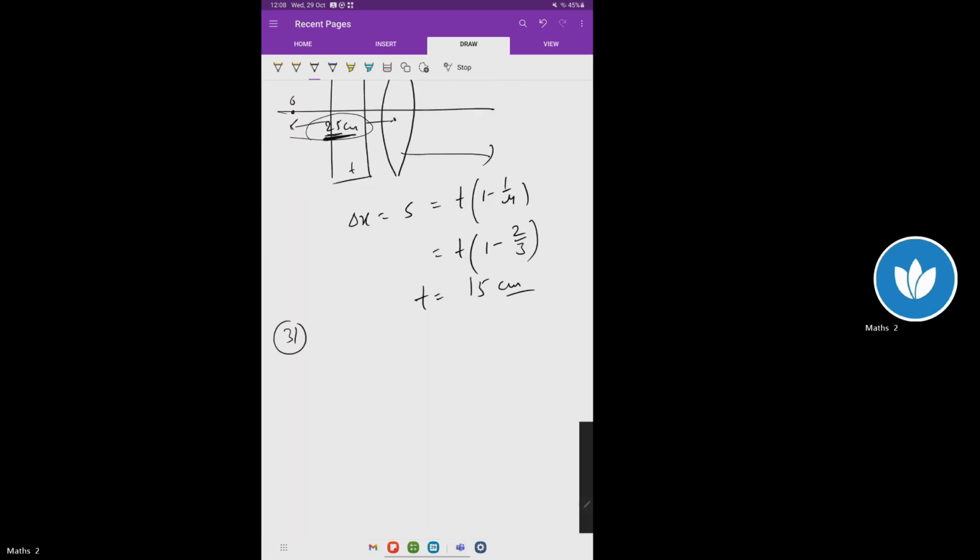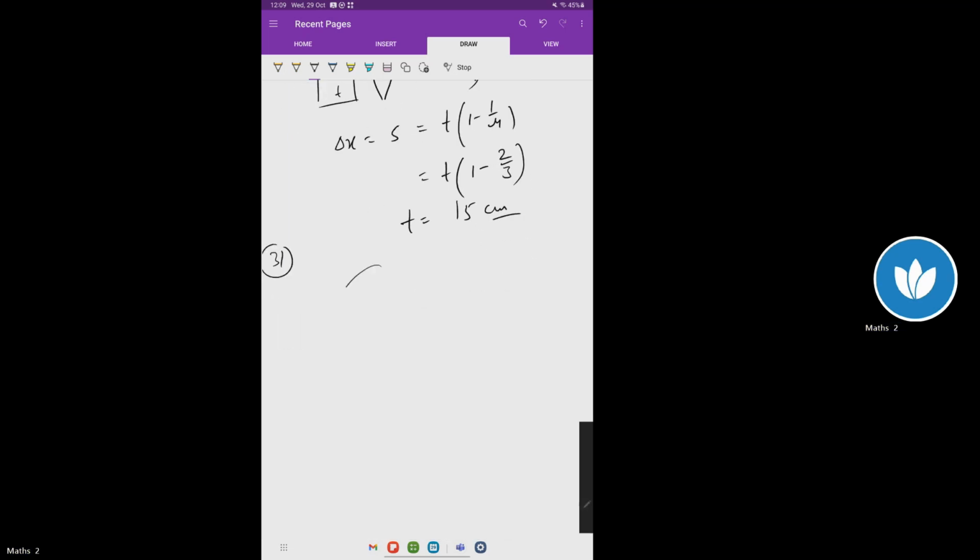31. Inside a solid glass sphere of radius r, a point source of light is embedded at a distance x, which is less than r, from the center of the sphere. The solid sphere is surrounded by air of refractive index 1.